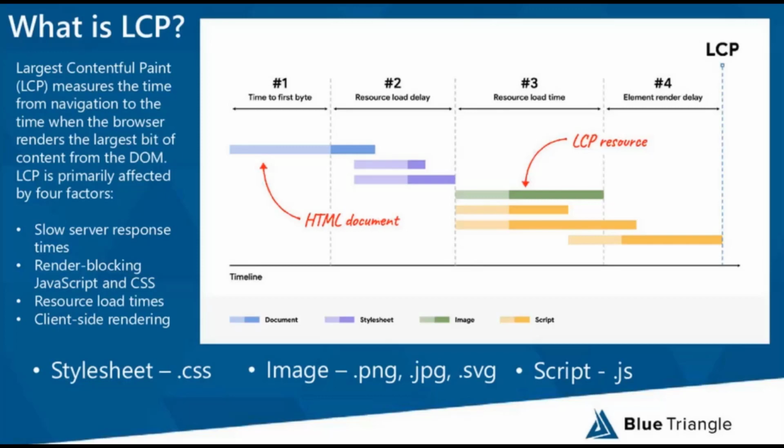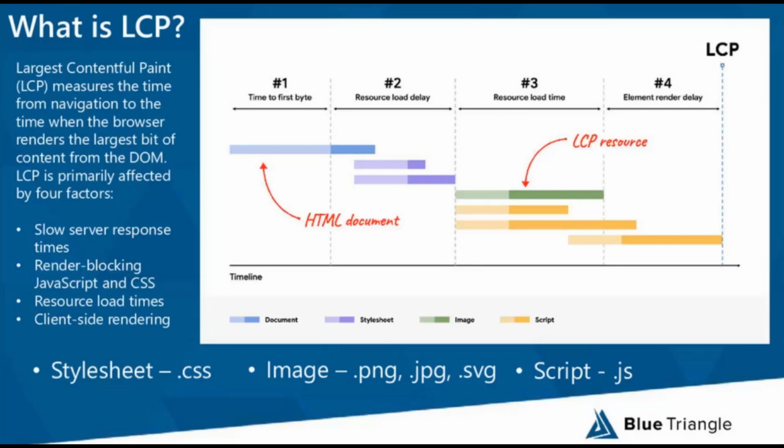It's very rare you'll see the actual LCP image right up against the LCP line, because that's just not how it works. The resource is loaded earlier, and then JavaScript usually delivers that LCP image. That's where we're talking about resource load time, and then element render delay time. There's JavaScript that has to process the LCP and push it to the viewport.